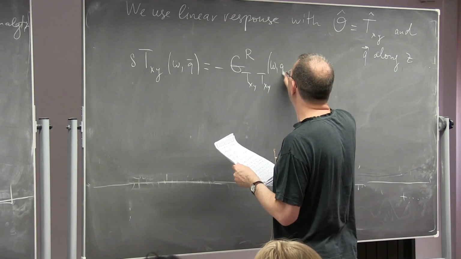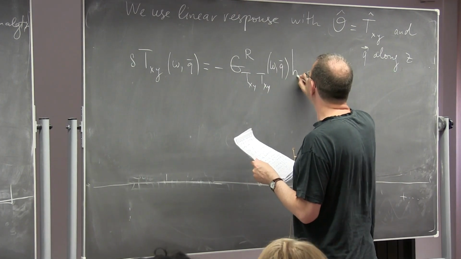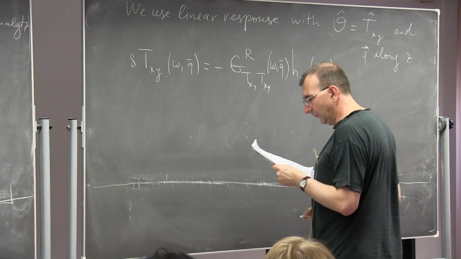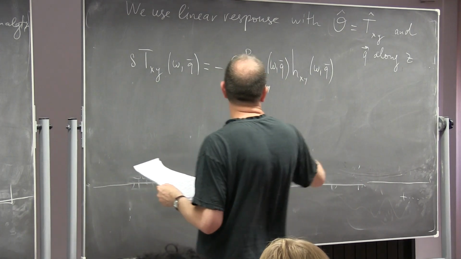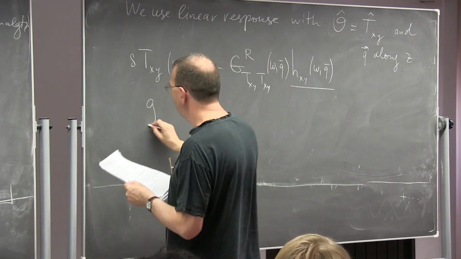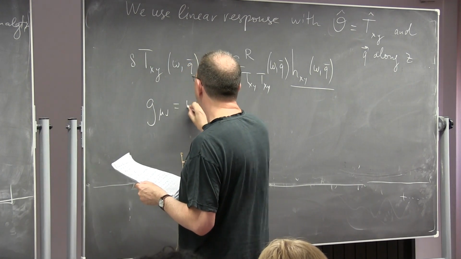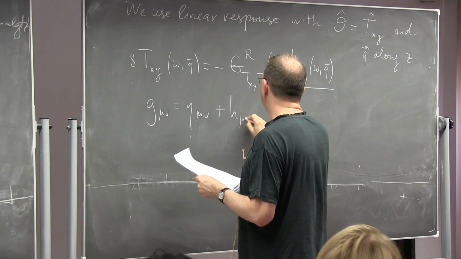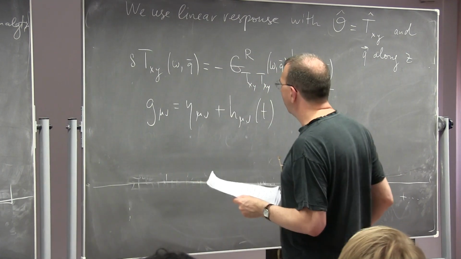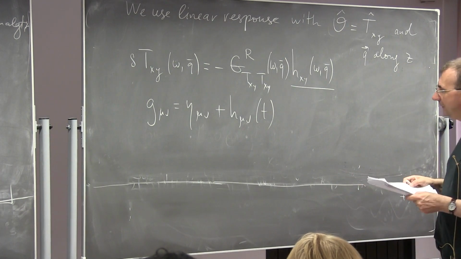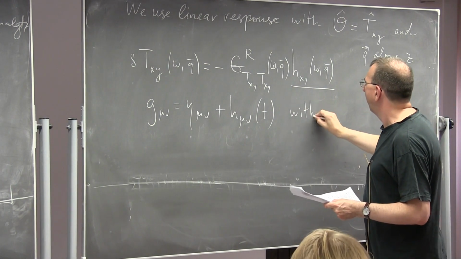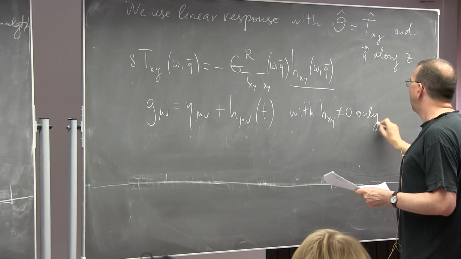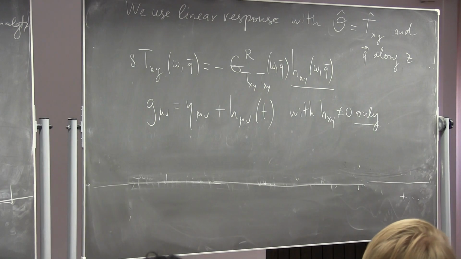This depends on omega and q, and the magnitude of this perturbation hxy(omega, q). Here hxy is the metric perturbation: I had my Minkowski space, and then I had my perturbation h mu nu, let's say dependent only on time, for example, with hxy not equal to 0 only. So all other h's are 0.